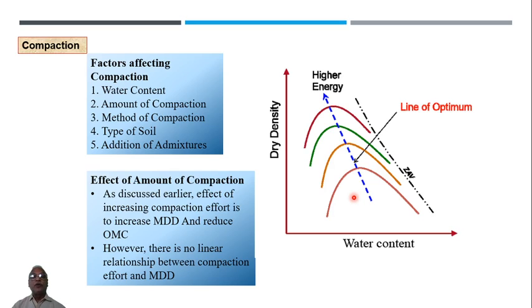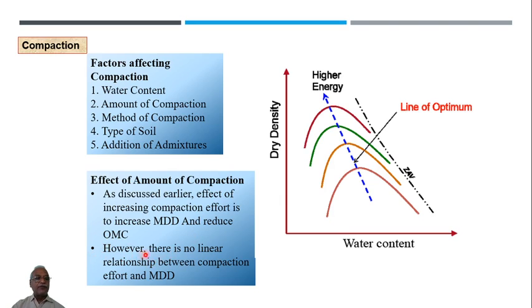Right? So in whatever way, whether it is the number of layers, the weight of the rammer, or the number of drops, all those things lead to increasing the energy. And if there is an increase in energy, then the curve that you will get will be something like that, more and more, so that it will give you a higher MDD, higher maximum dry density, and lower OMC, right?